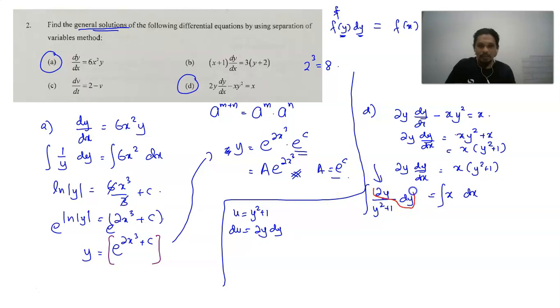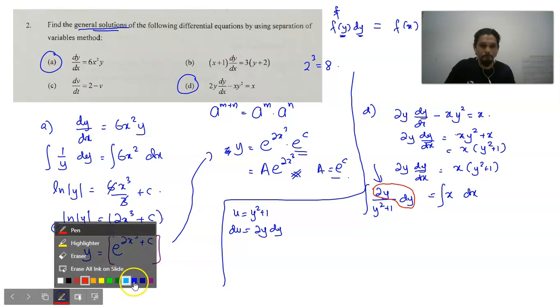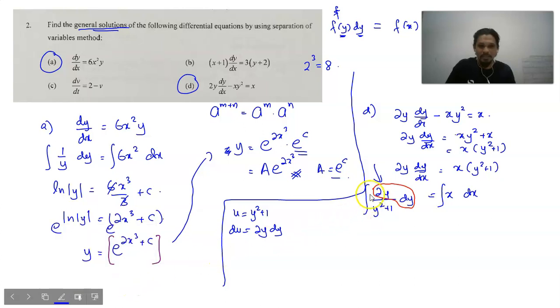Just imagine that this is 1 over... so the integral is actually an integral of 1 over y squared plus 1 multiplied with 2y dy. So, the integral of 1 over u du, where 2y dy equals du.